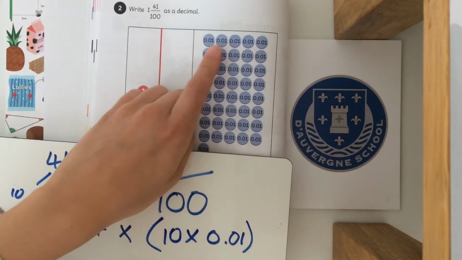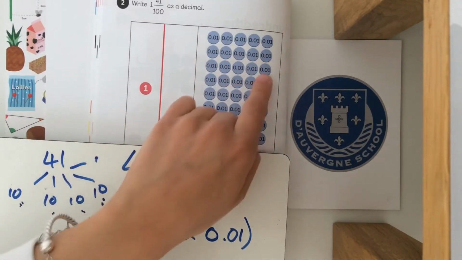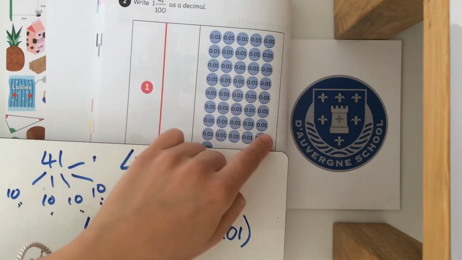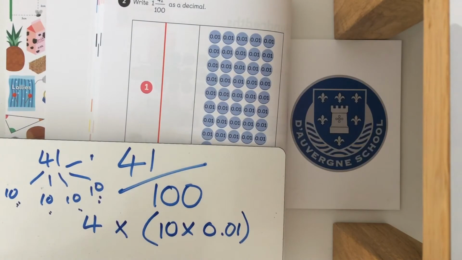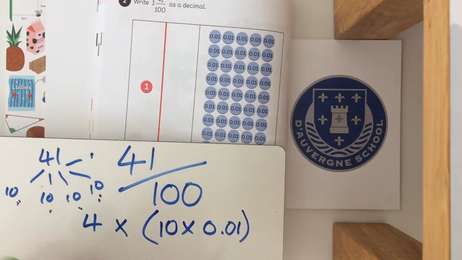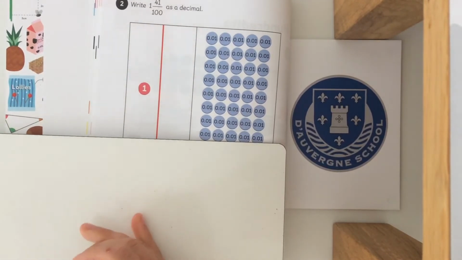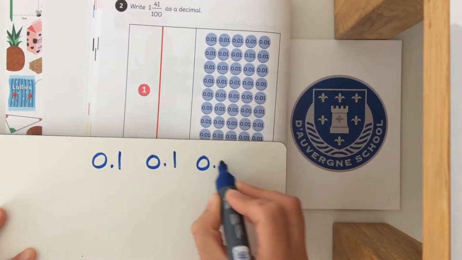I've got 5, 10, one group, 5, 10, another group, 5, 10, another group, 5, 10, another group. I've got 1, 2, 3, 4 groups of 10. So that means I can regroup those 4 groups of 10 for 4 tenths.